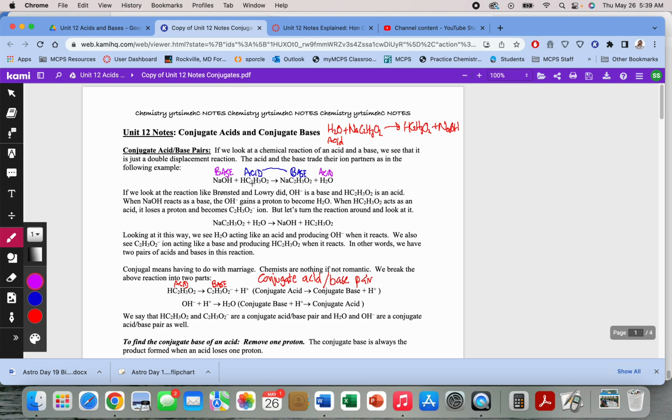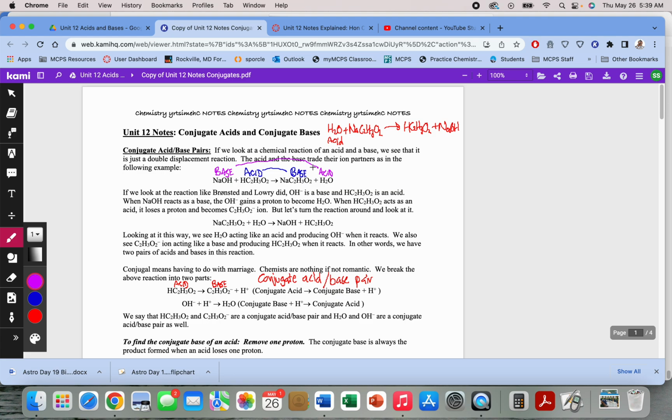And this is a second conjugate acid-base pair. Notice that one of the pairs is base going to acid, the other is acid going to base. So every acid-base reaction involves two conjugate acid-base pairs. The acid of one pair is reacting with the base of the other pair to make their two conjugates.